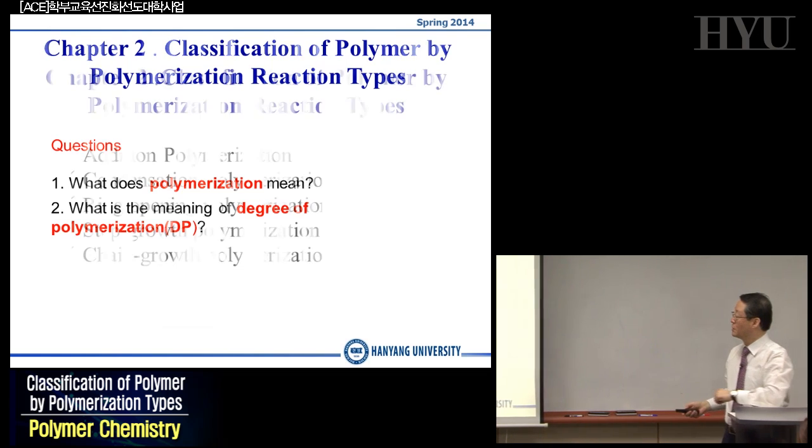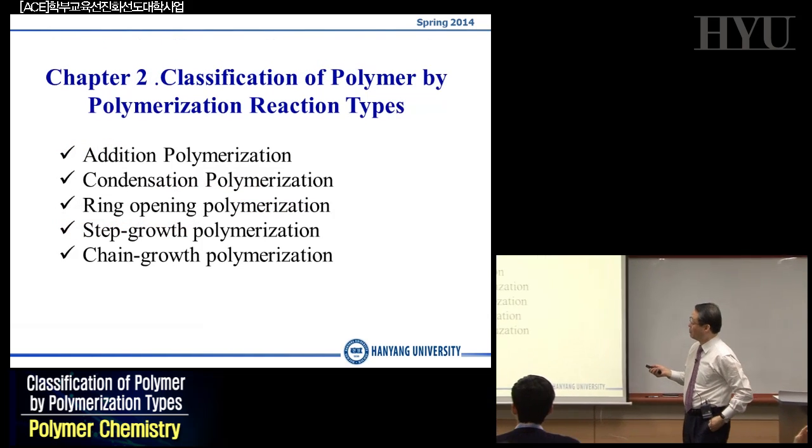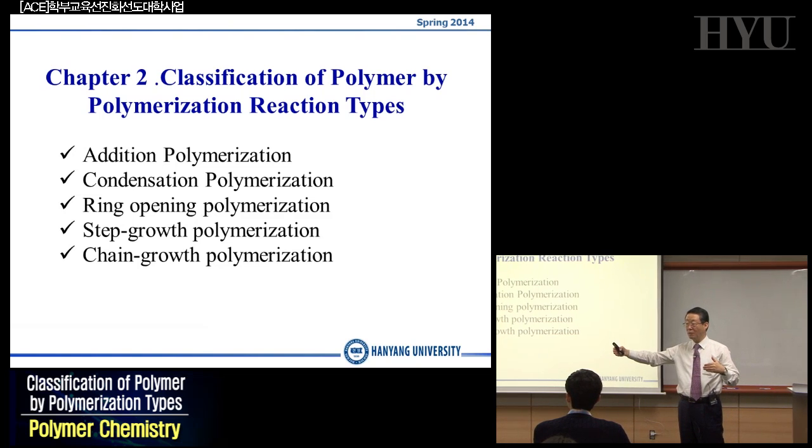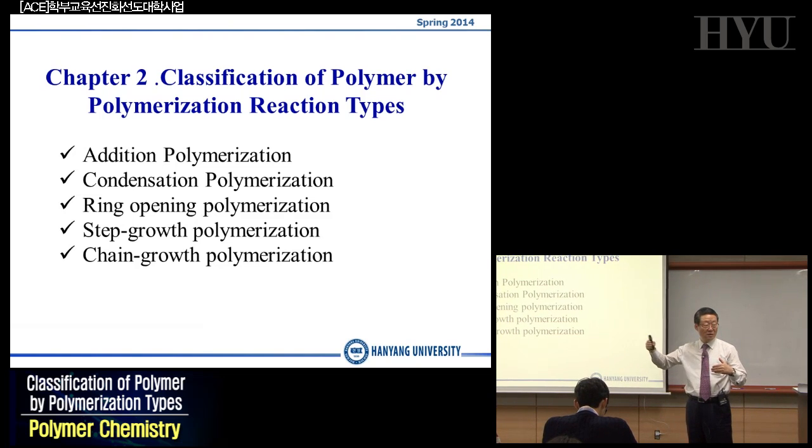So in the next slide, I have elaborated a little bit on the types of polymerization reactions. Addition means you add your monomer to become a polymer. Okay, so you add. Condensation means that you will of course get a high molecular weight polymer later on, but you have a condensate.